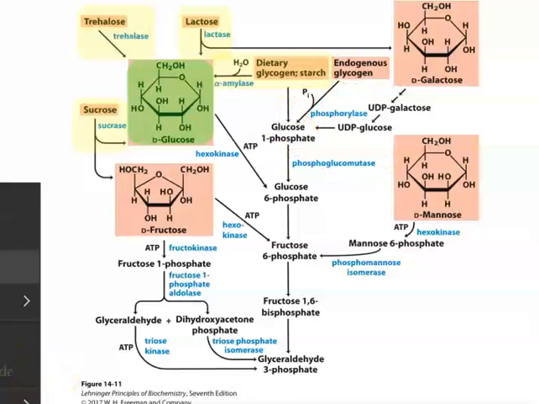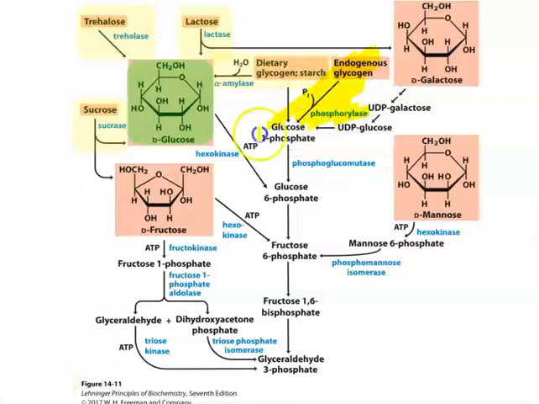If we look at how the glucose derived from glycogen enters into glycolysis, it enters via this pathway and goes into glycolysis as glucose 6-phosphate. Remember that. That's going to be important coming up.